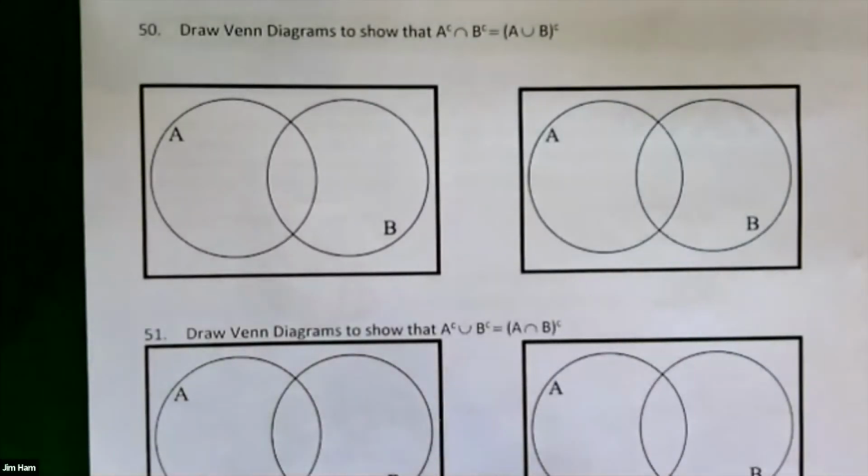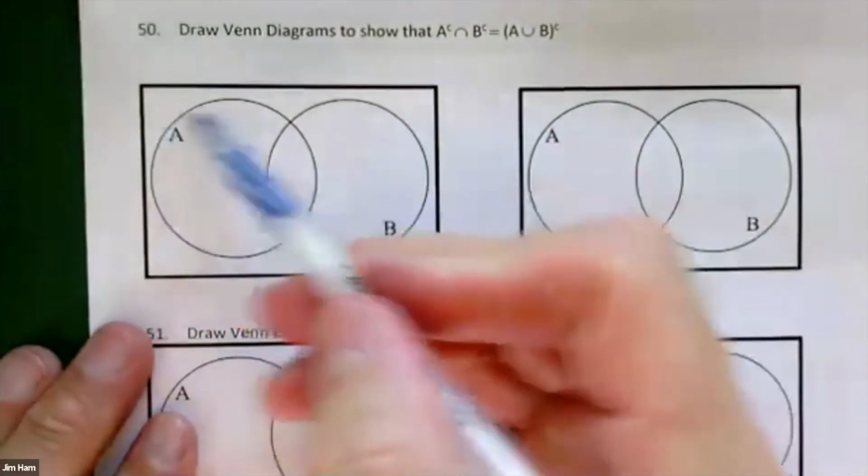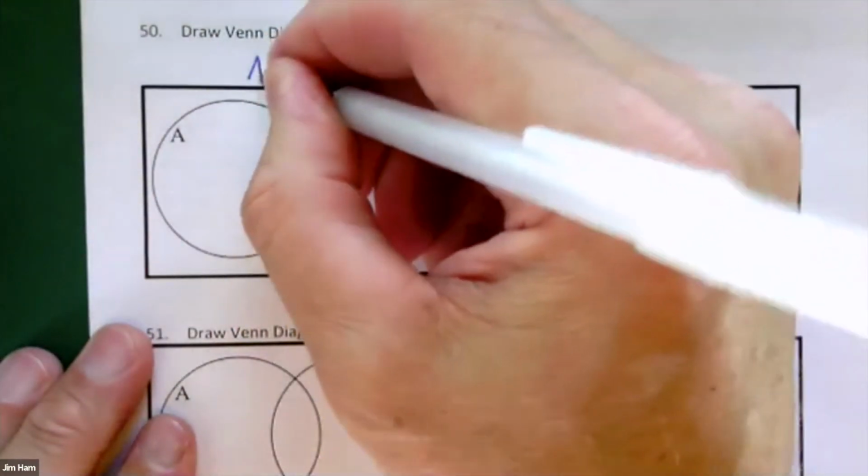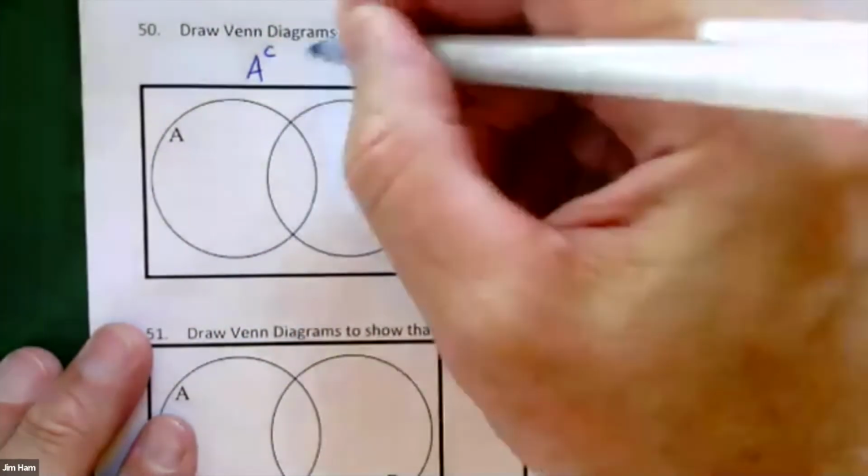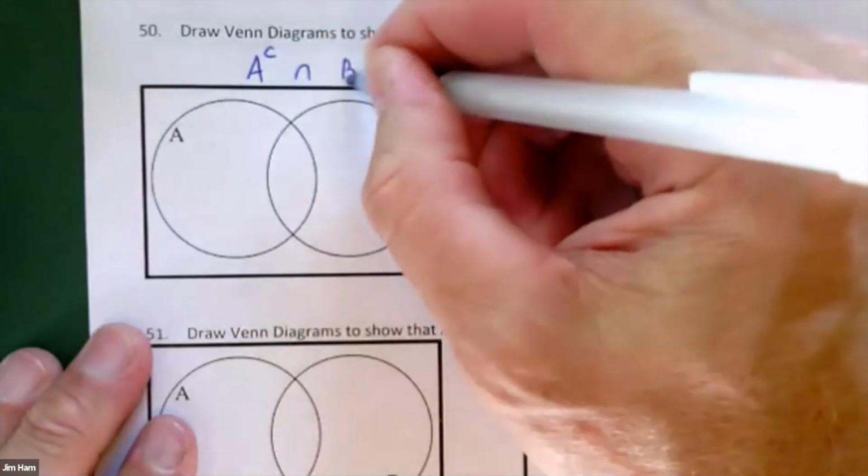Now, there are some problems like this one here where we're going to be using Venn diagrams again, but we are going to just do some shading instead of listing elements with the roster method. We're just going to shade the Venn diagram. So let me show you how that works. Over here, we're going to shade A complement intersect B complement.